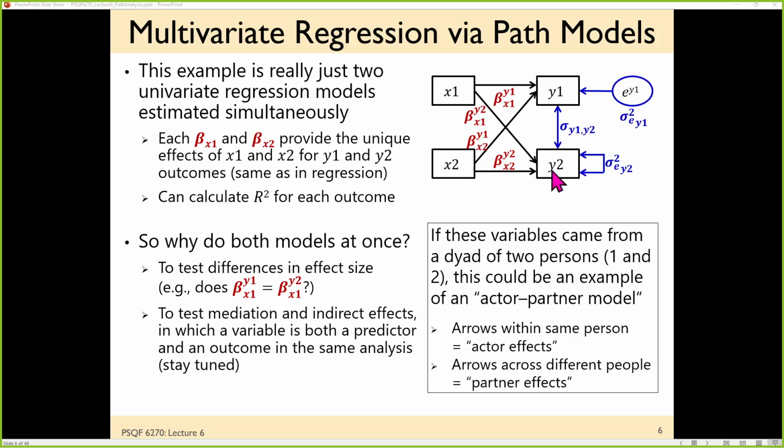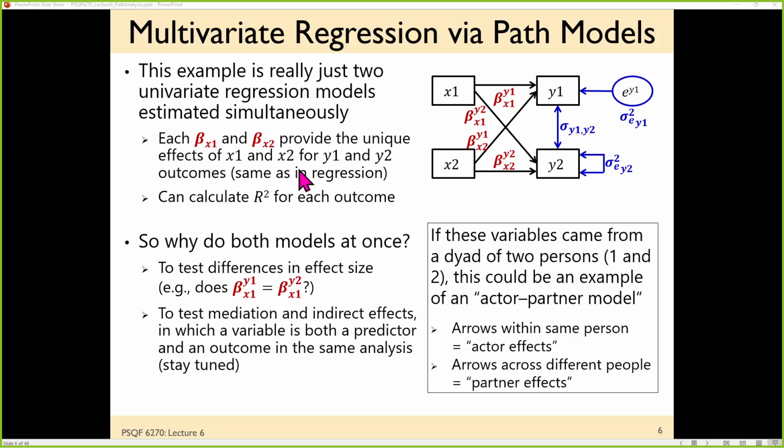And so we can test whether or not my predictor has a bigger impact on my outcome than your outcome, or vice versa, any kind of comparison of slopes like that. Another reason we would choose a path model over just a regular multivariate analysis in univariate software is to do mediation or indirect effects. So that will be part of this unit as well.